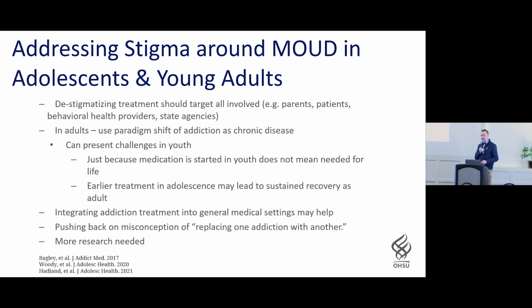So I think highlighting it a little bit differently, like, this is a medical diagnosis, but we don't really know how long someone may need to be on this medication at your age. What we do know is the substances that you're using are really dangerous and they can impact how your brain is developing. And so if we start this medicine, not only will it keep you safe, but it may prevent you from having a worse addiction later on. Right?